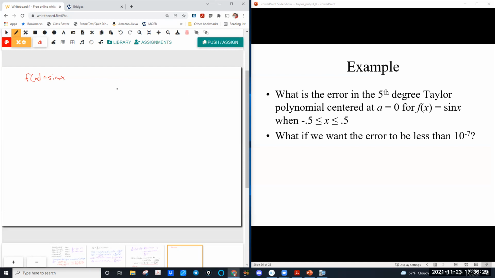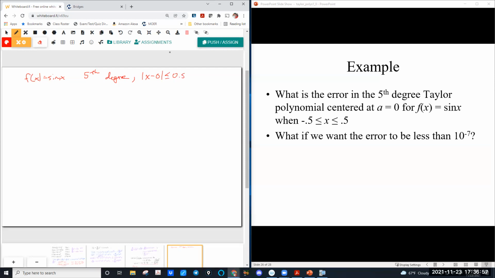So here's the way that this works. We know that we're in between negative 0.5 and 0.5. We're in the 5th degree. And I want to bring that error back up. That's why I'm writing this stuff down. So we're looking at the 5th degree Taylor polynomial centered at 0, and we know that the absolute value of x is less than or equal to 0.5.